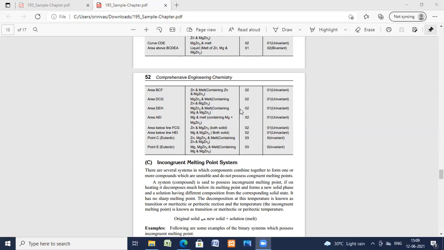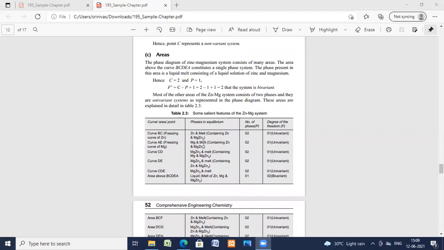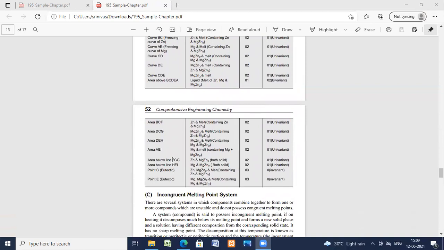Phases are 2, composition is 2. F is equal to C minus P plus 1, 2 minus 2 plus 1. Univariant system.